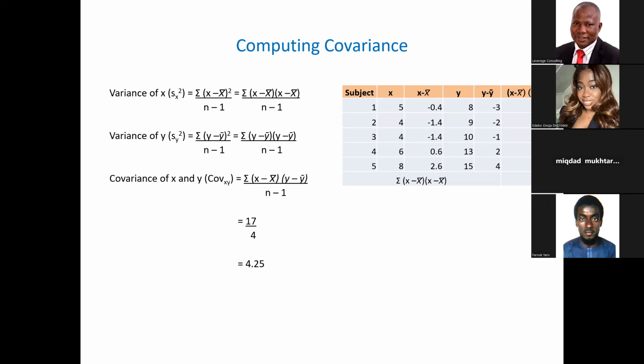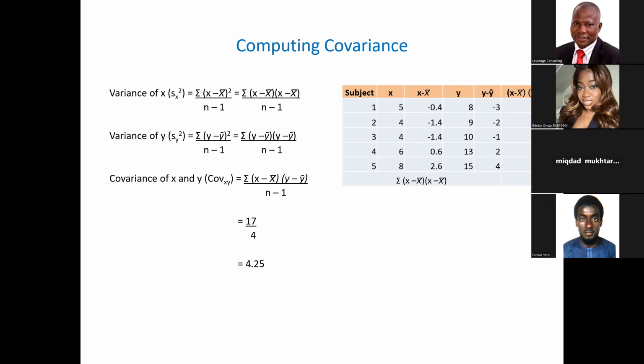And that's why we write it 2 times here, over n minus 1. The same thing for y, the number of packets bought, the other one. So the variance will be sigma y minus y bar squared over n minus 1. So you can split it and say sigma y minus y bar into y minus y bar over n minus 1. These are the variances for each of these things.